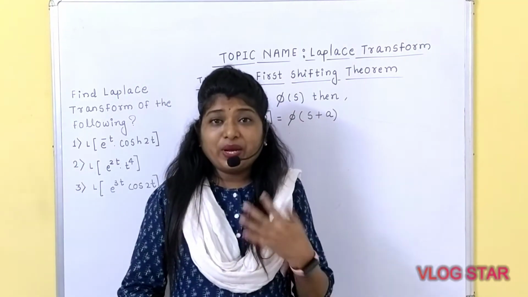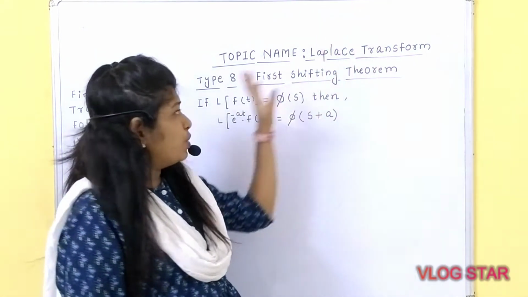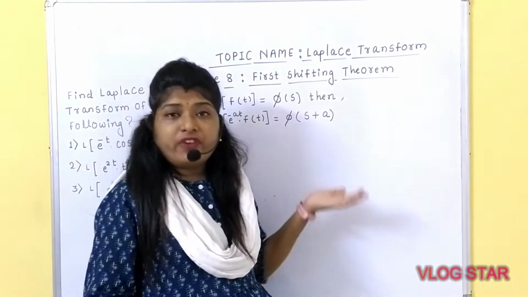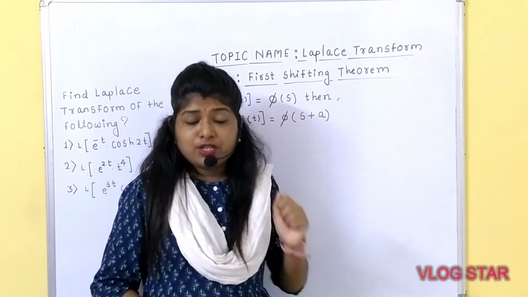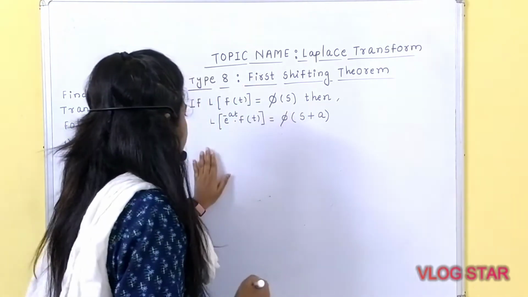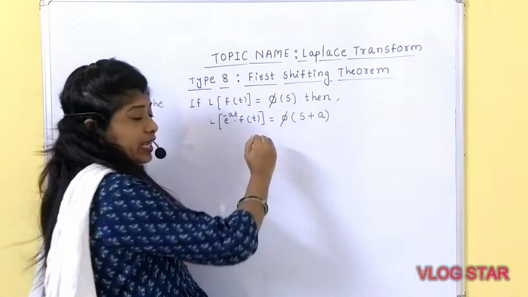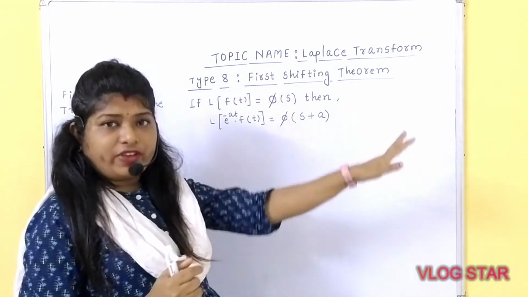In today's video, we are going to learn type number 8 related to Laplace transform. So what is basically that type? First shifting theorem. To understand first shifting theorem, you have to remember, please pay attention over here, if Laplace of f of t is equal to phi of s.